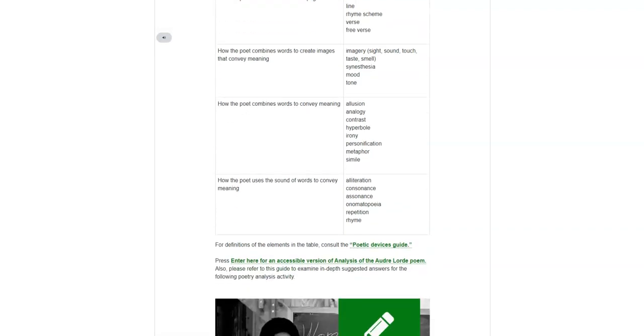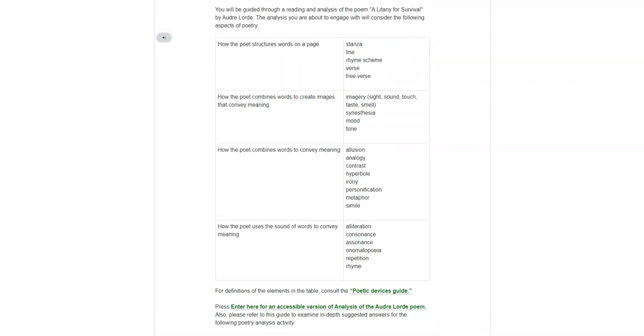When we're going through here, one thing it provides is this chart, and this is really good. These are very common poetic devices that you need to know about how poets write their poetry. We have things like a stanza, which is a group of lines together, and a rhyme scheme, which indicates the rhyming pattern within it.